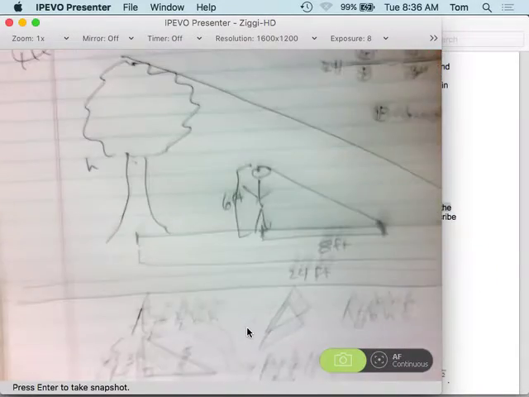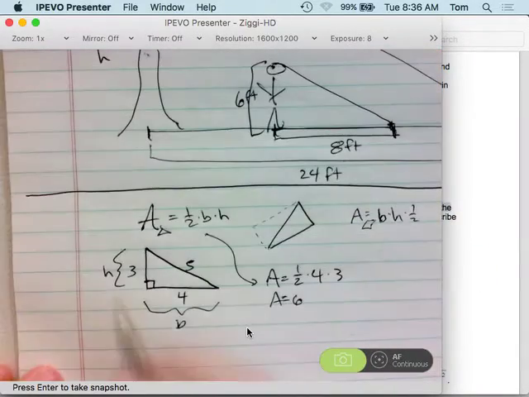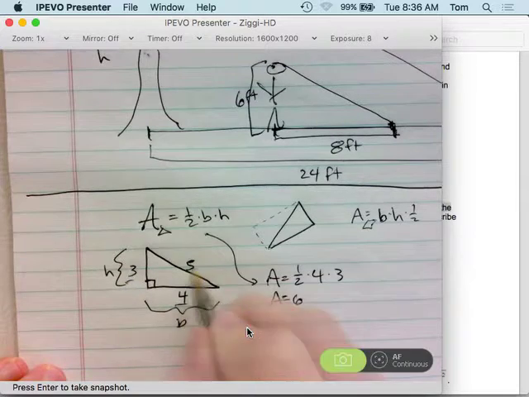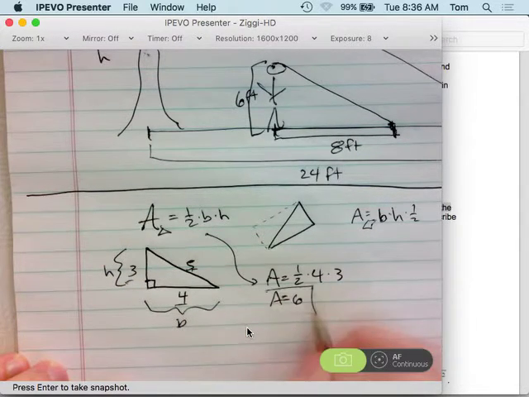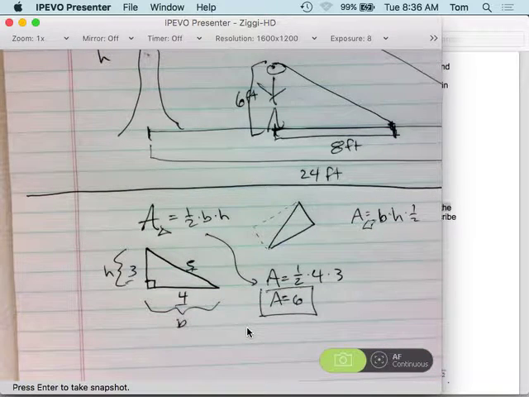What I'm showing you here is if you give them 3, 4, and 5 for A, B, and C, you should get an area back equal to 6. If you don't get an area equal to 6, then you know that something's wrong with your program. Okay? So the whole idea here is to have values that you know are good input and check to see that you get the expected output.